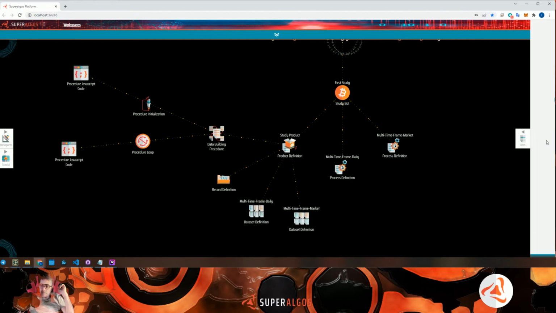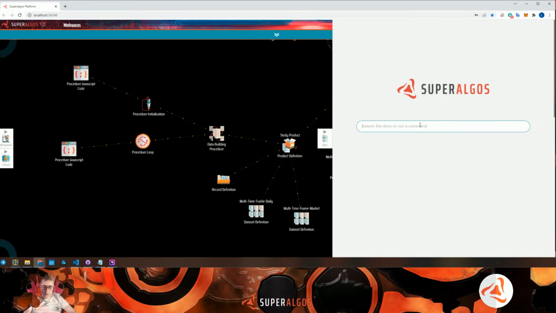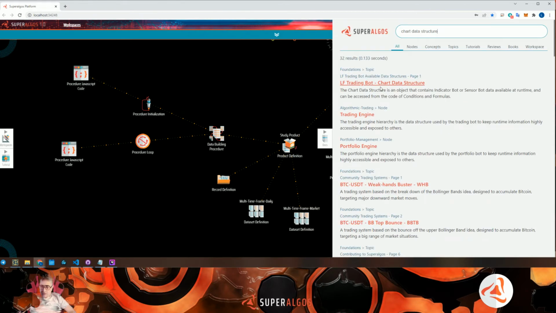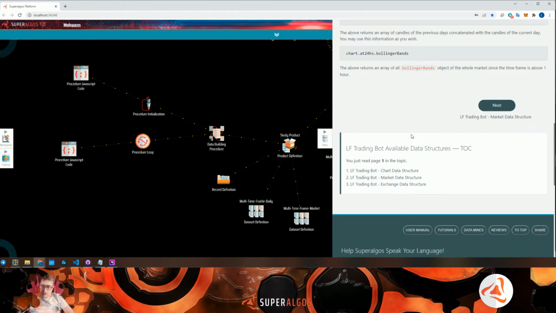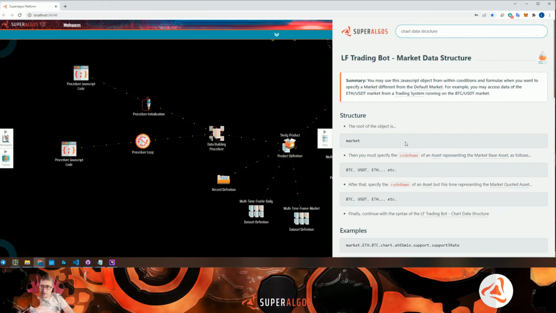Finally, don't forget to check out these structures that you have available. That is chart data structure, and this is a message for the guys at the documentation teams. The chart data structure, market data structure. This is what you can use, by the way.